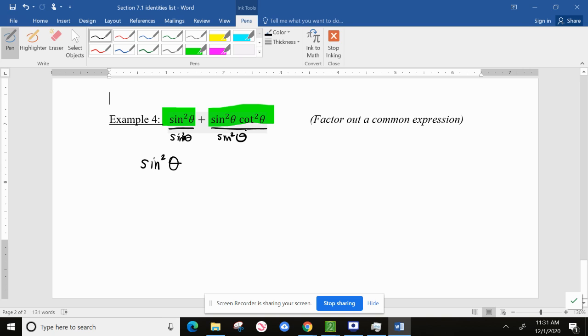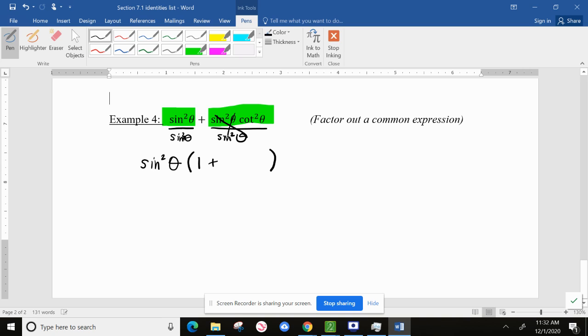So that's what we want to do. We want to just look at these terms individually and see what's left over if I divide both terms by sine squared. So in this first one, sine squared divided by sine squared is 1. So if I factor that out, then all I have left over is 1 for the first term. Over here, sine squared times cotangent squared over sine squared, my sines actually cancel.